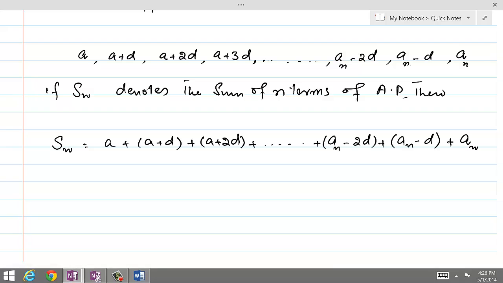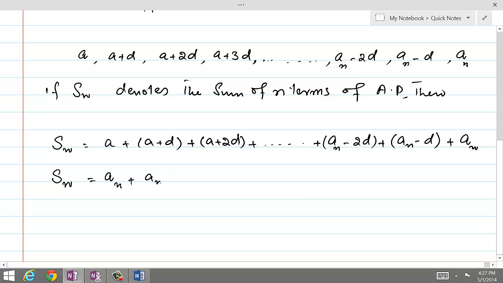Now if we write the same thing using another arrangement, Sn could also be written as, instead of writing from first to last term, this time we are going to write from the last term first, then the second last, then the third last, and we'll start coming back toward the first term. So this would be an, the next term would be an minus d, and the next term would be an minus 2d.